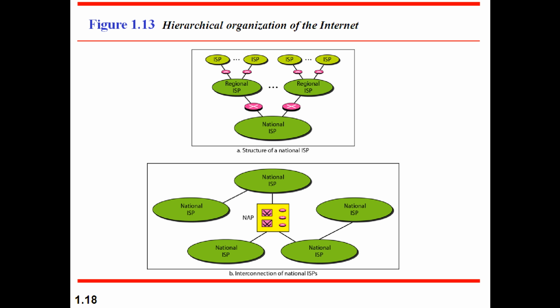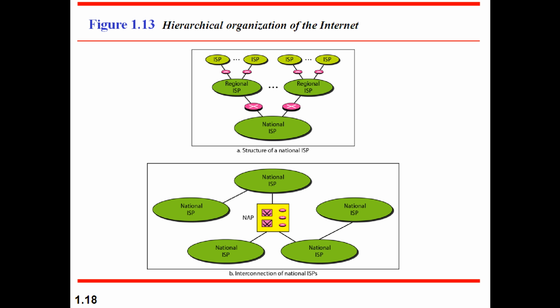Hierarchical organization of the Internet. When you look at the picture here, a national ISP, Internet Service Provider, gets connected to the regional ISP, and those regional ISPs get connected to the local ISPs, which provide the network service to the end systems.